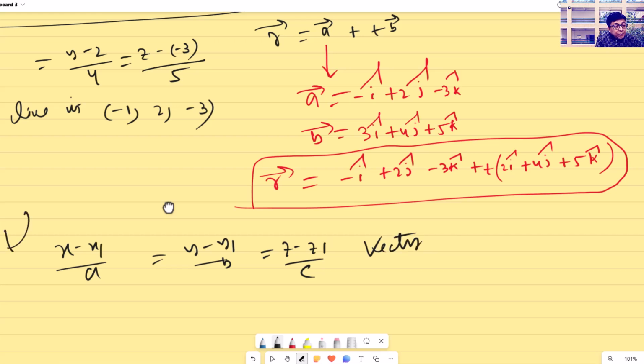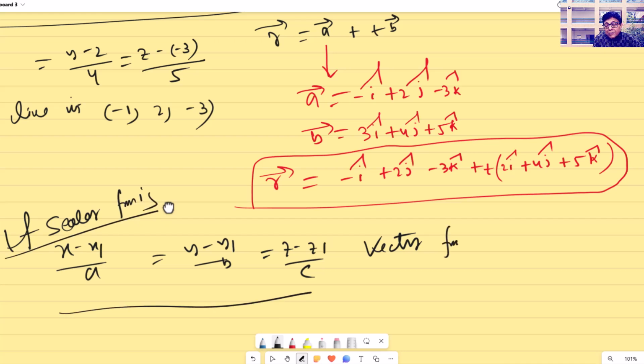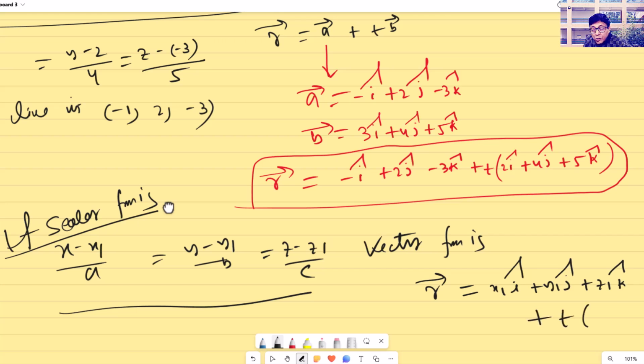If the scalar form is this, the vector form is going to be r equal to a, where a is a known point, that is x1 i, y1 j, z1 k, plus t into (ai plus bj plus ck).